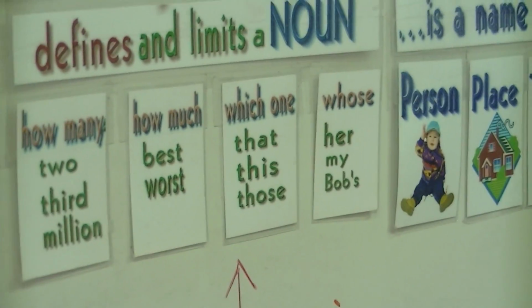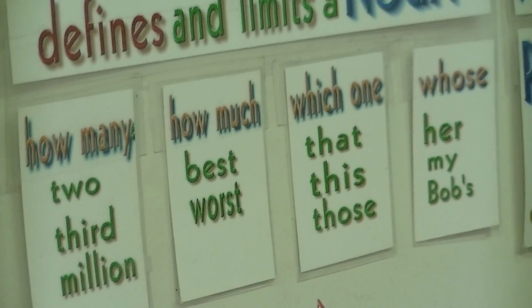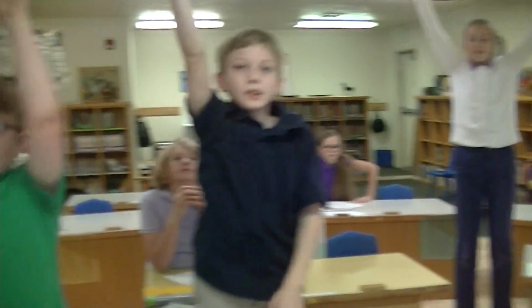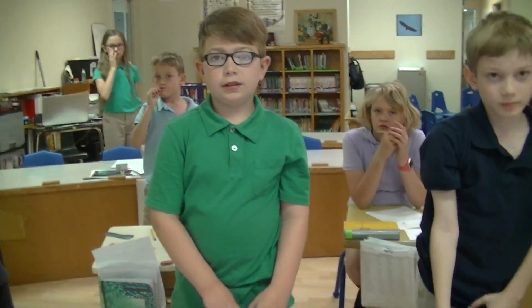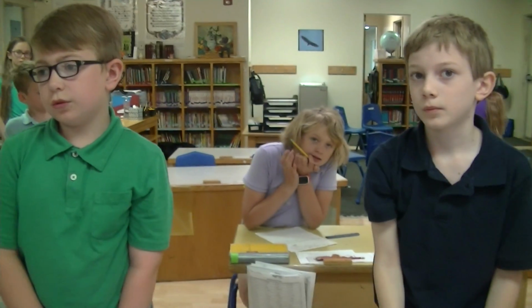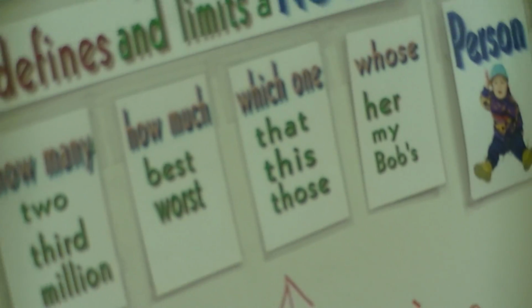But if it defines, it's going to tell how many, how much, which one, or who. What do we think it does? What do we think it does, Isaac? Defines. Why? It tells which. Or do you think it tells whose? Yeah, whose enemies? So you're right, it does define.